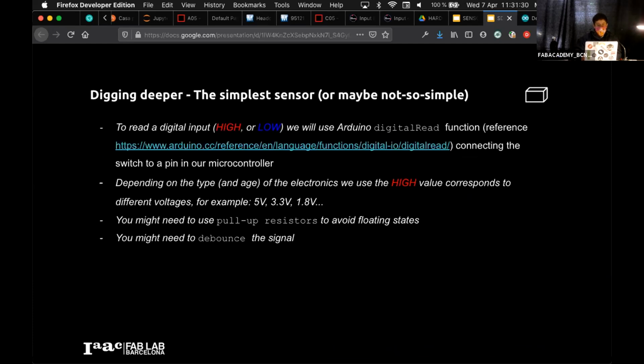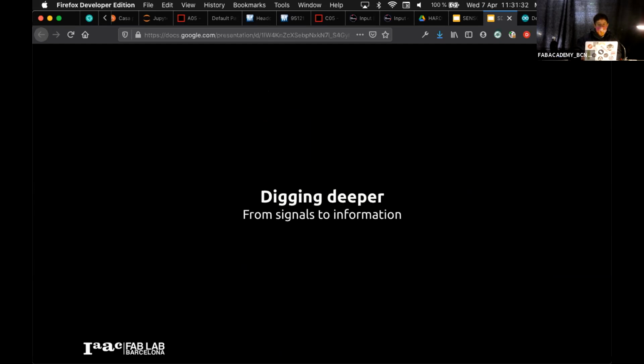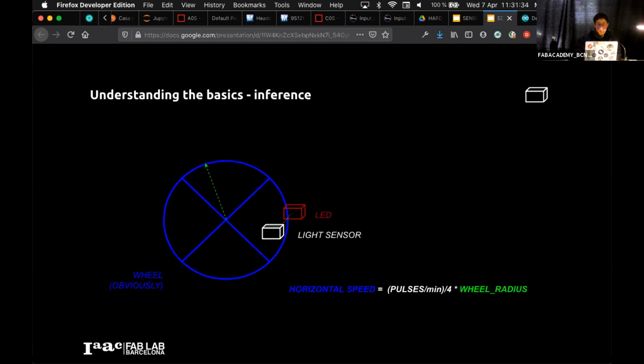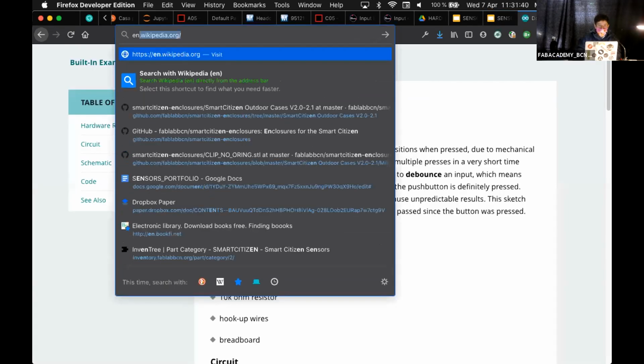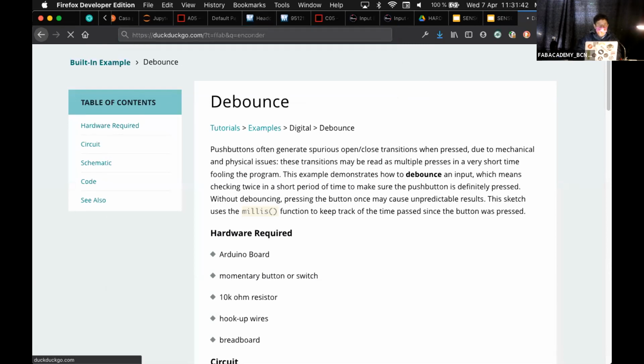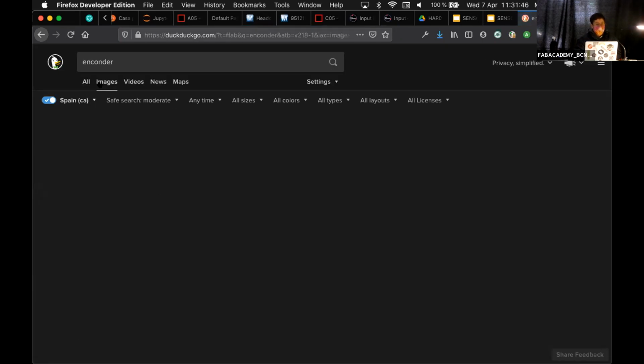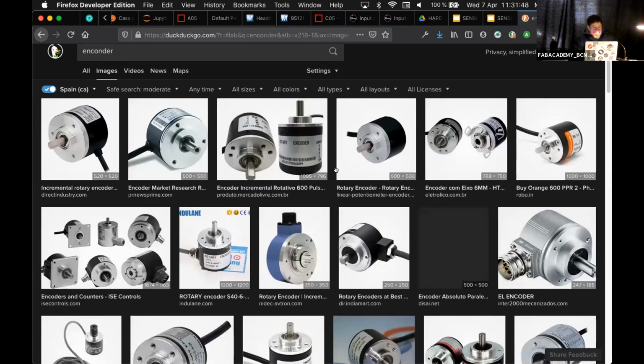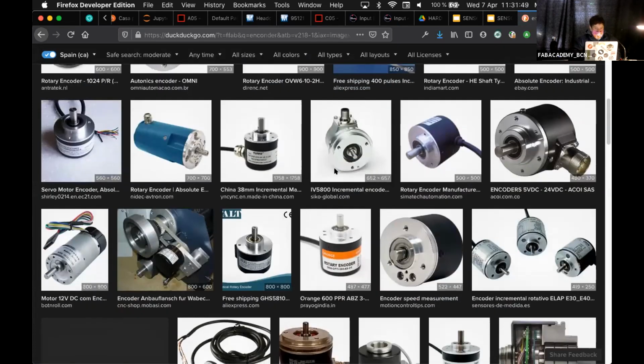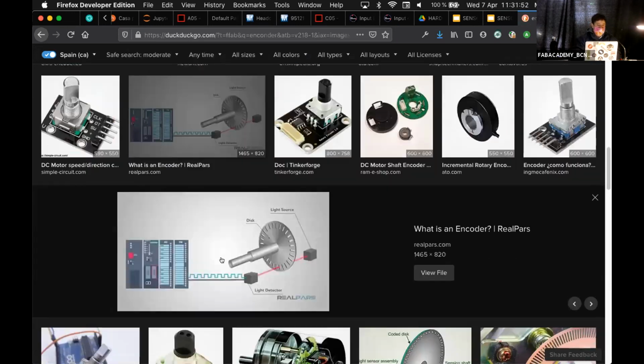Imagine, for instance, that we want to measure the wheel speed. This is a very simplistic one, but we could use something like an encoder, which is something like this.